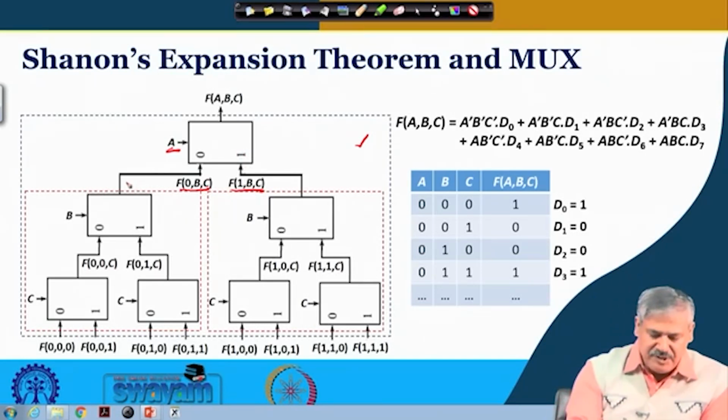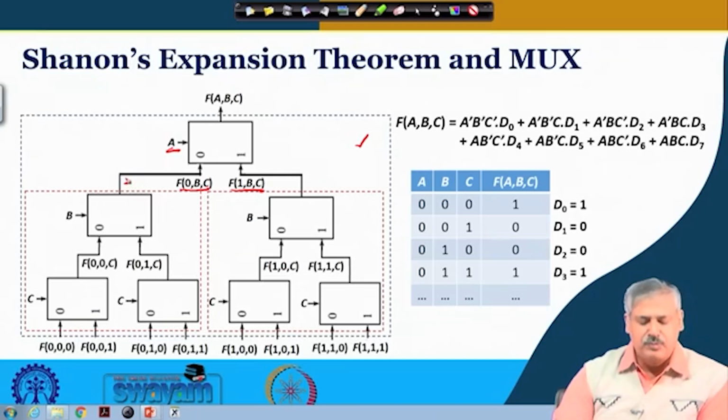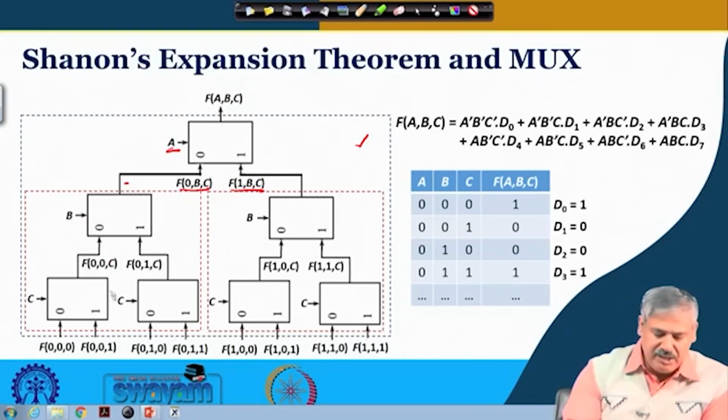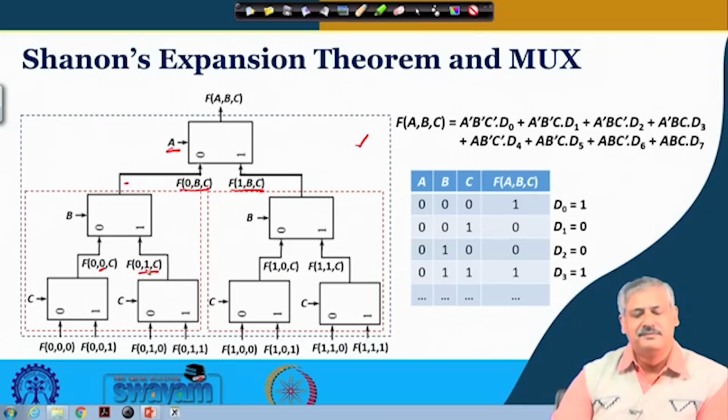Now, this F0BC is the output of another 2 to 1 multiplexer. Whenever B is equal to 0, F00C will be the input, and whenever B is equal to 1, F01C will be the input. Similarly, there will be the other line.